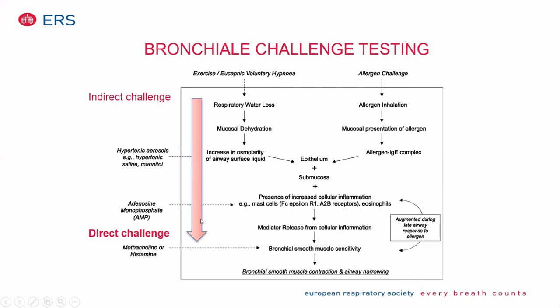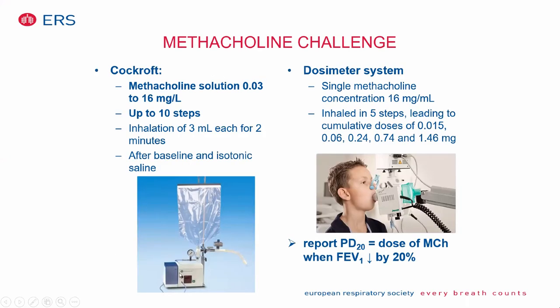And this means that most of the time you go on to a direct challenge, and most of the time methacholine. How is a methacholine challenge performed? You can either use this Cockcroft method where you have different concentrations of methacholine that are nebulized in these bags.